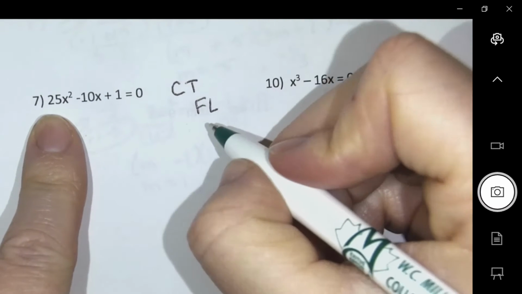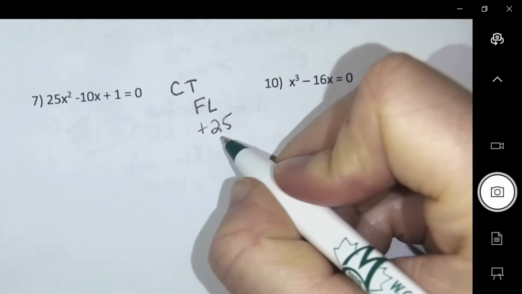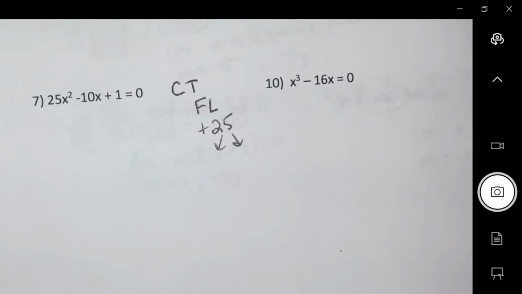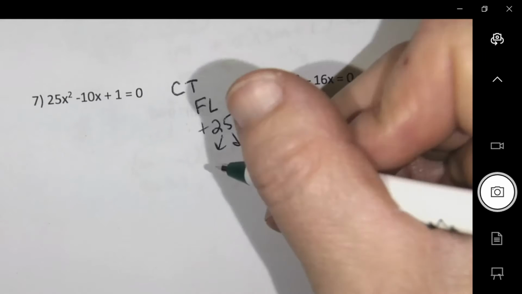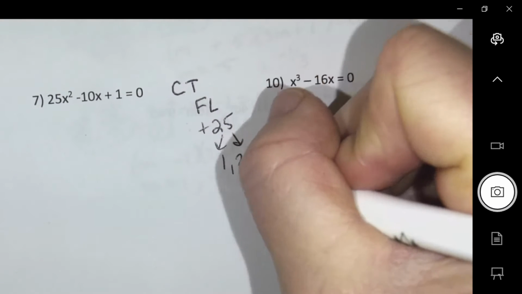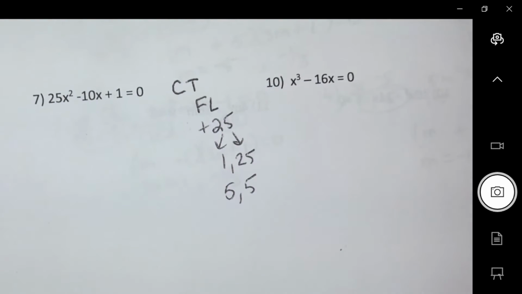So I need a plus 25. Which means I could do 1 and 25 or 5 times 5. Those are the options.